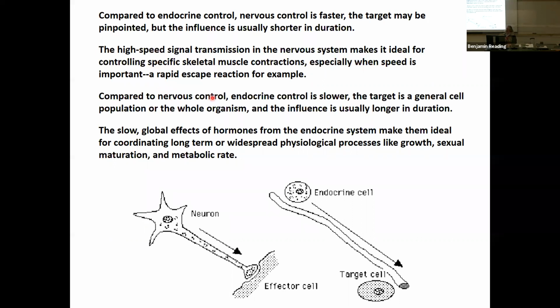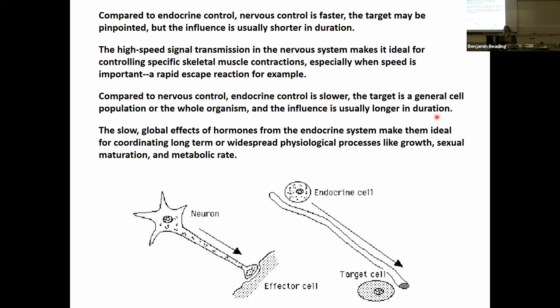Compared to the nervous system, the endocrine control is much more slow. The target is a general cell population, so it's not pinpointed usually. It could be the whole organism, like controlling bioenergetics. And the influence is longer in duration.